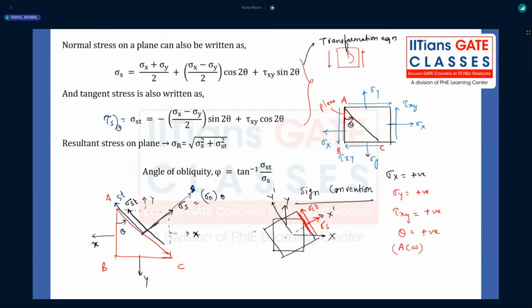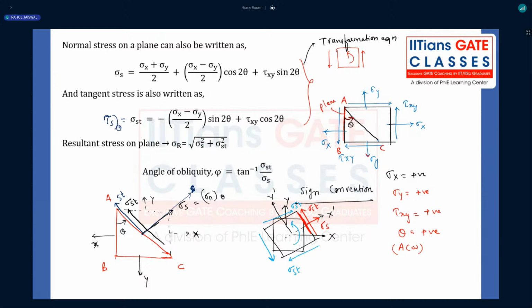All of you getting my point? If sigma st is like this on this plane, the other tilted plane will automatically be self-adjusted like this, making the body rotate anti-clockwise. And since we are dealing with the equilibrium of bodies, the other couple will act anti-clockwise with the same magnitude but in opposite directions on the other faces. Is that clear, all of you?